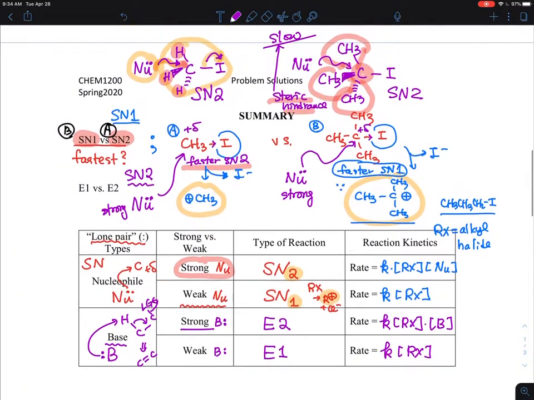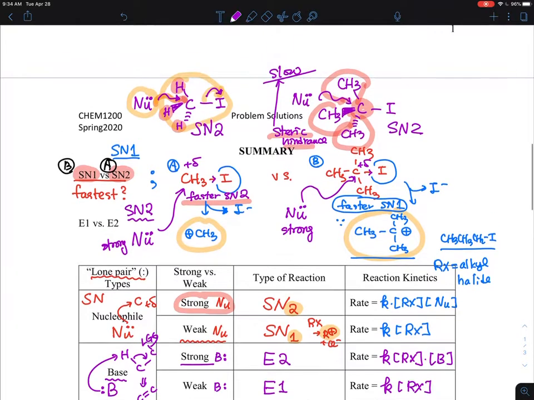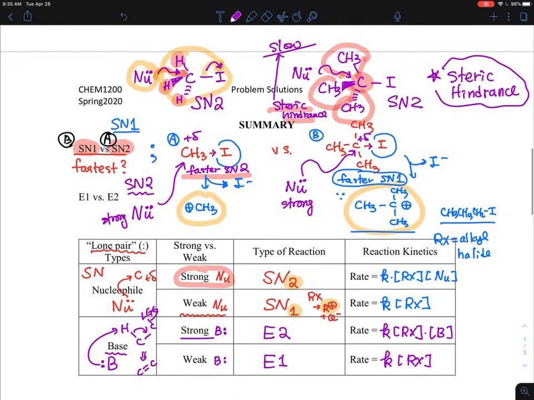So you start to develop this clear concept about the stability of carbocations and unimolecular, bimolecular natures. And here I think it probably is once more steric hindrance. Steric hindrance is bad for the bimolecular reaction because this is not crowded, whereas the second one here is more crowded, right? So therefore, this is faster for the SN2 reaction for the one with less steric hindrance.